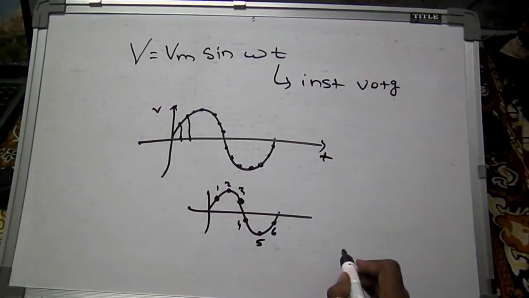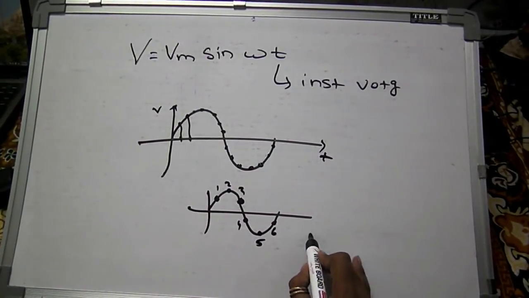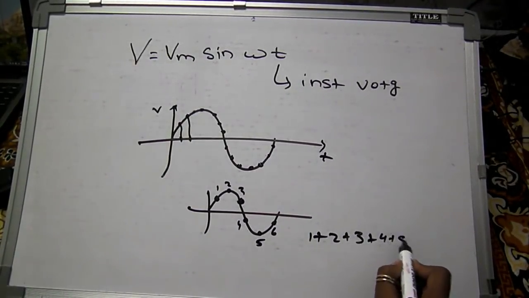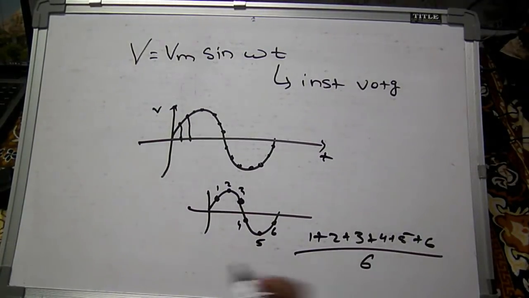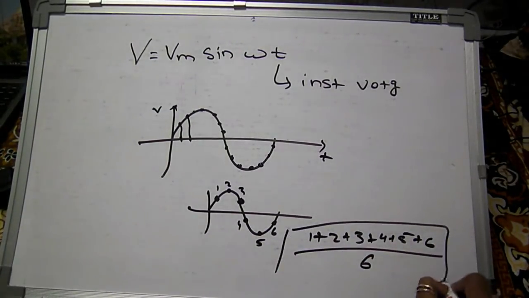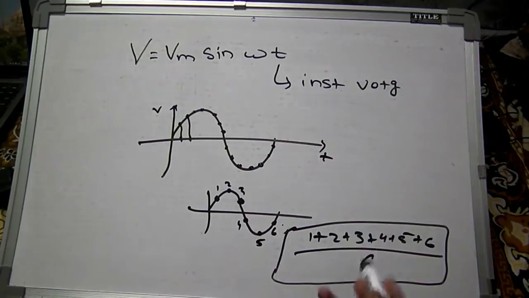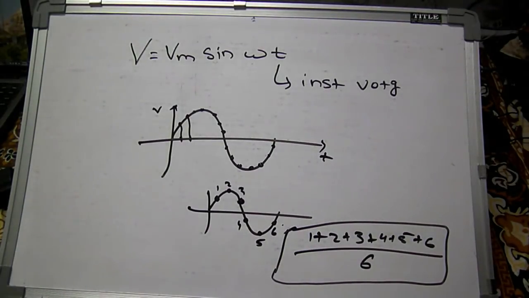Averaging means adding the whole instantaneous values, that is 1 plus 2 plus 3 plus 4 plus 5 plus 6, and dividing it by 6. In short, we are taking a mean of it. We are adding all 6 points and dividing by 6. So it is averaging.